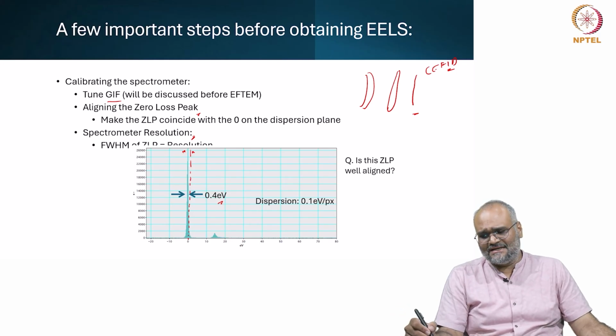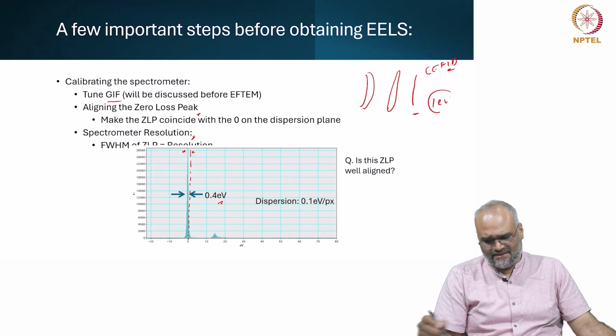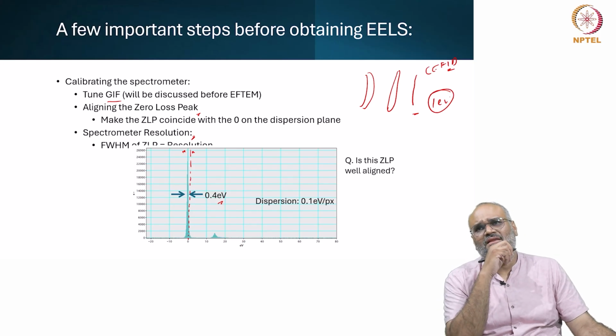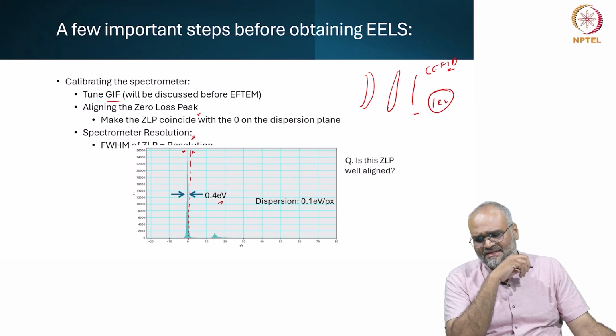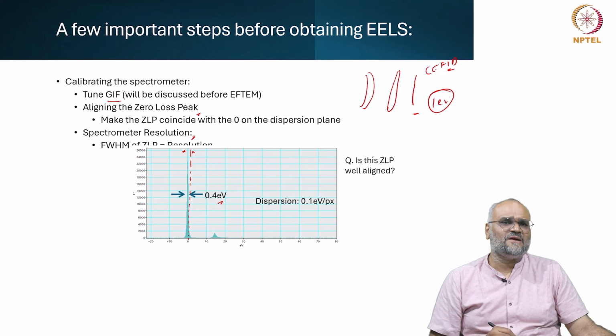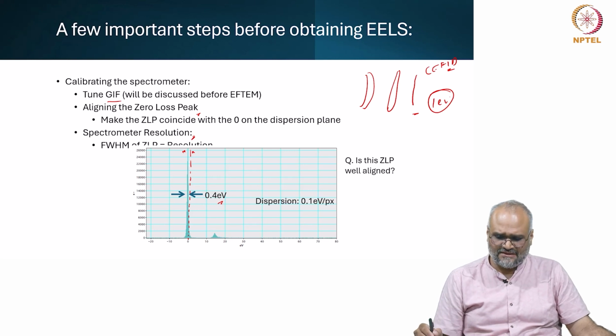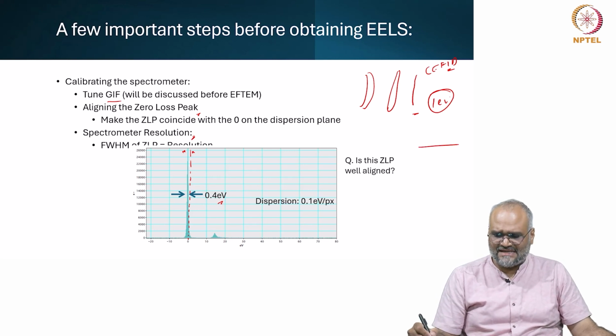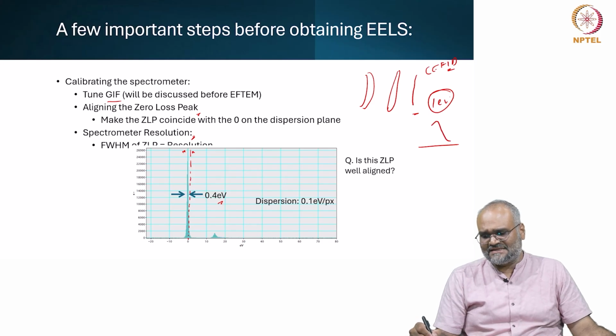Even if it is under 1 eV of misalignment, what happens is, suppose I am tuning my spectrometer with this kind of an alignment. Later I am recording, for example, oxygen spectra. The peak that should start at 531 eV might actually drift a little bit, and it may start from 530 eV.